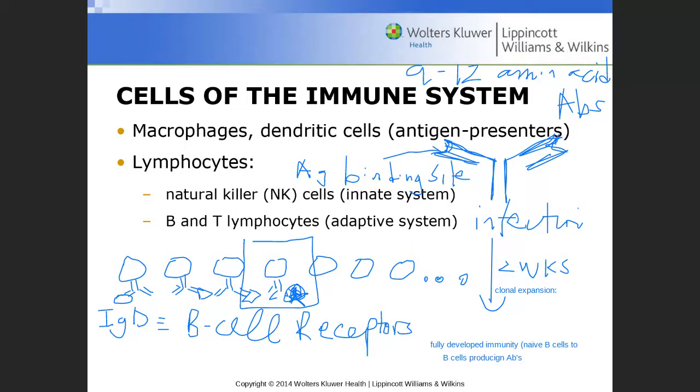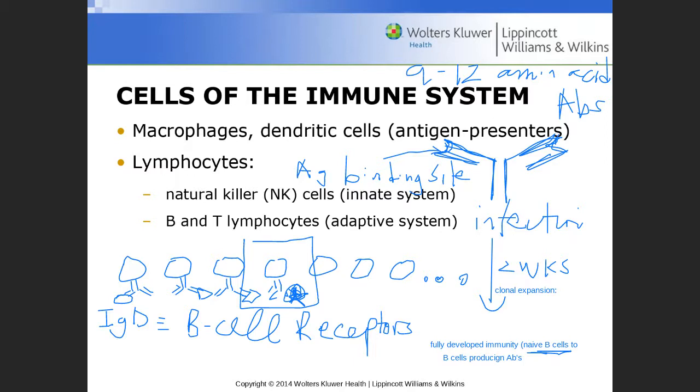There are millions of different B cells, but these B cells just have the receptor and aren't doing anything yet. They're young, and we call them naive B cells. Being naive is like being very young and innocent; you don't know anything yet.